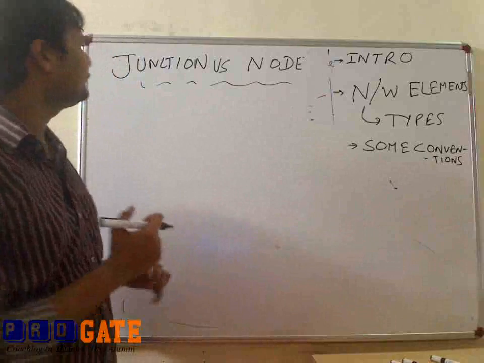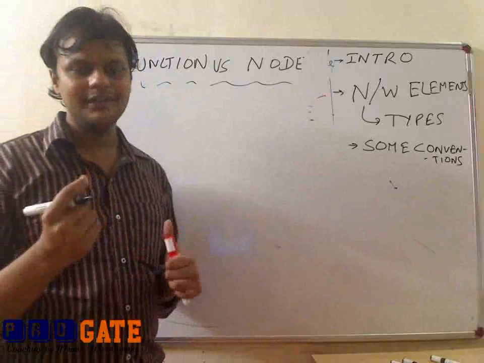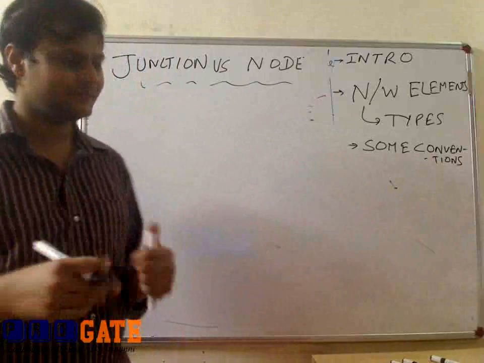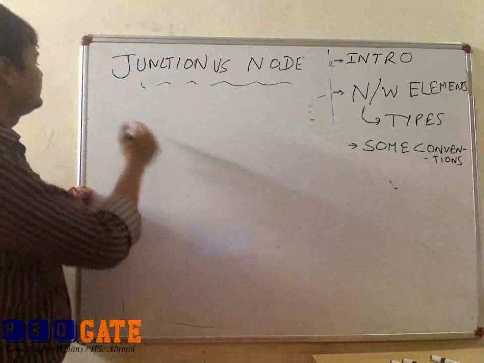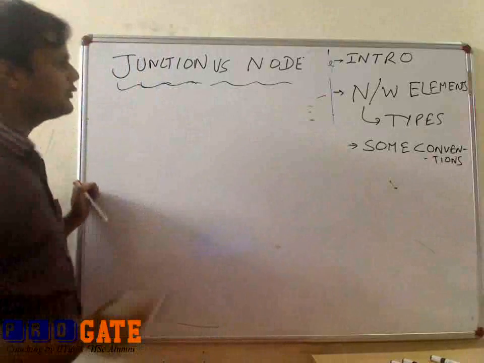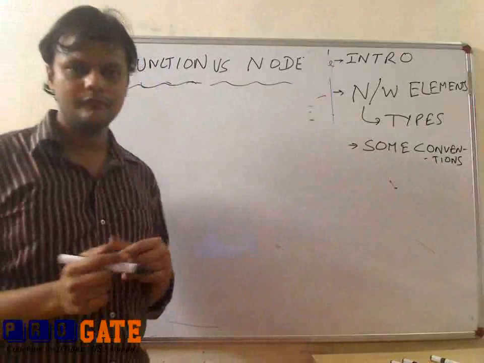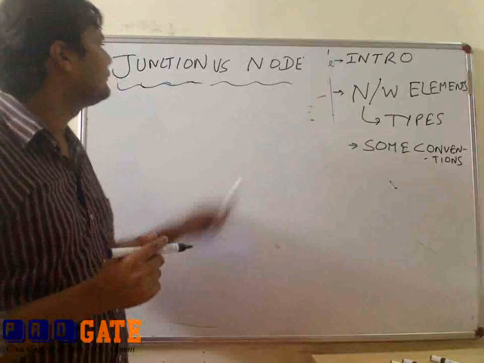Again, junction is very obvious. A point in a network where current divides or is distributed is called junction. But what is node?